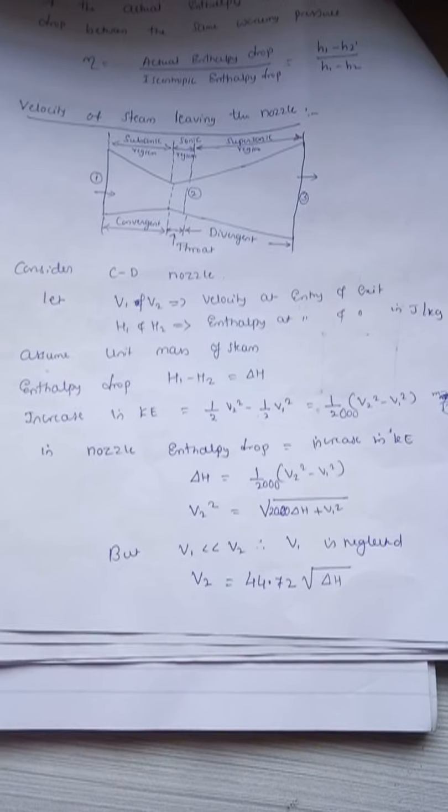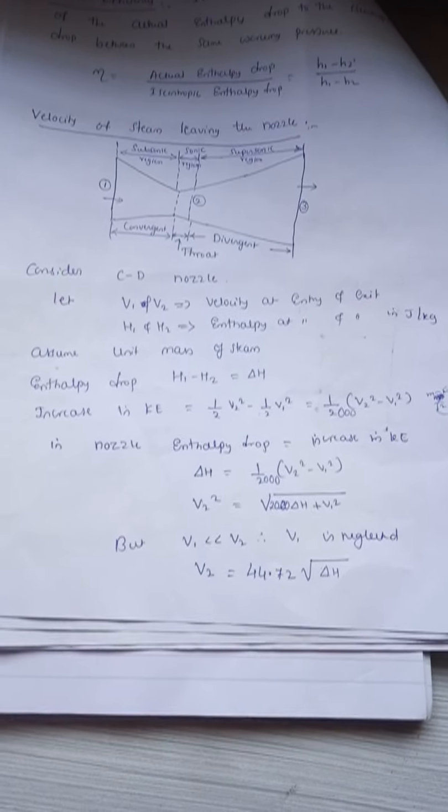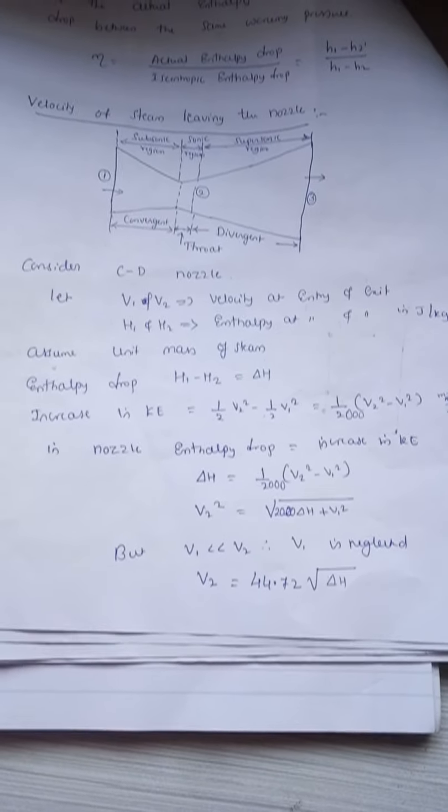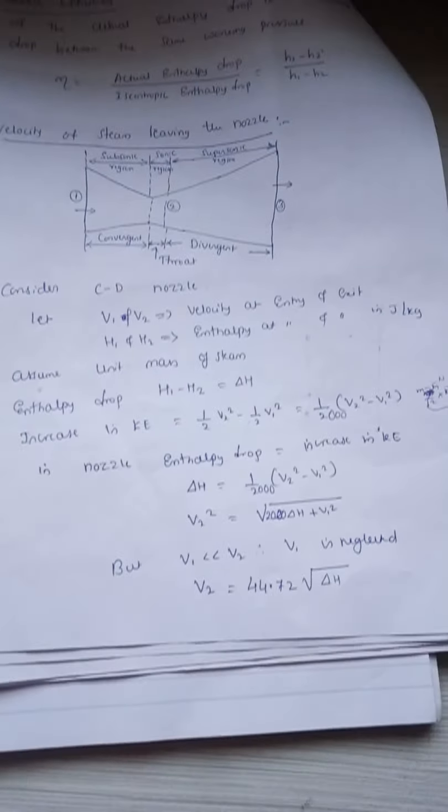CD means convergent divergent, already I have said. So let V1 and V2 be the velocity at entry and exit, H1 and H2 the enthalpy at entry and exit in joules per kg. Assume unit mass of steam, that is 1 kg of steam. Enthalpy drop means the drop in enthalpy, that is H1 minus H2.